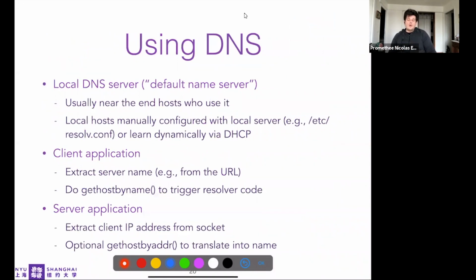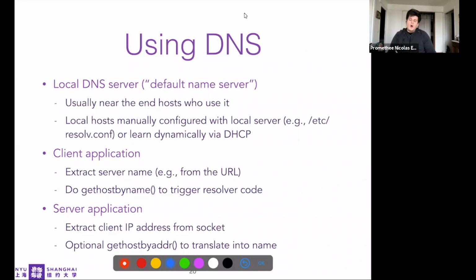So when you use DNS, as we said, you have a local DNS server and your client, the application that you're using, will basically extract the name, either the one you submitted in your browser or the one provided in the application, and send that request to the local DNS server.